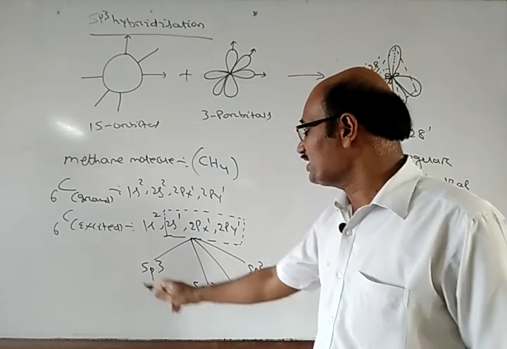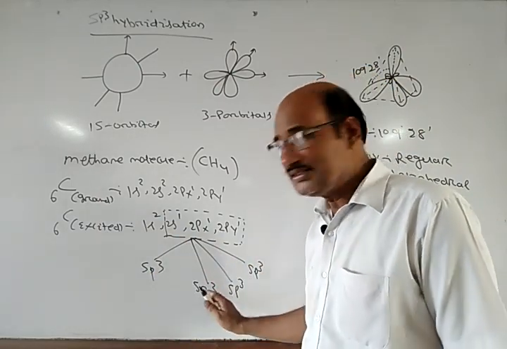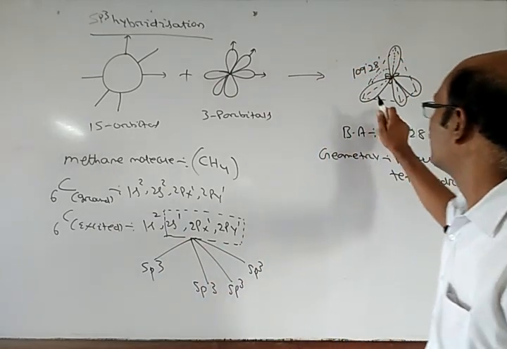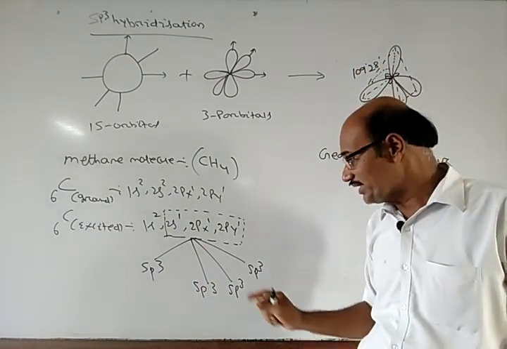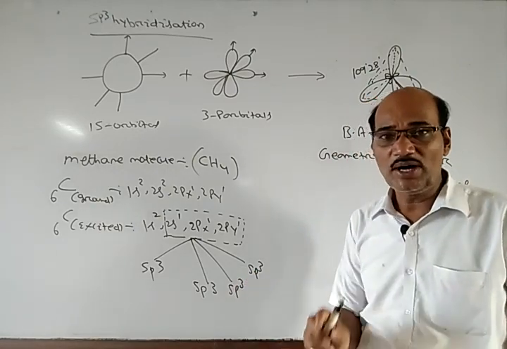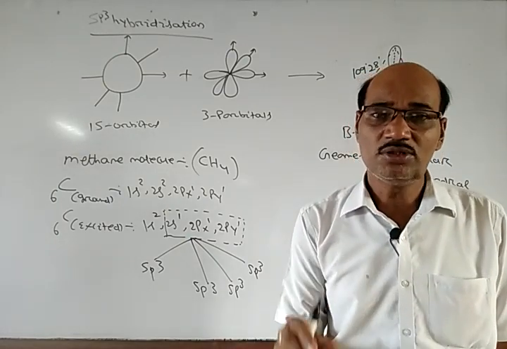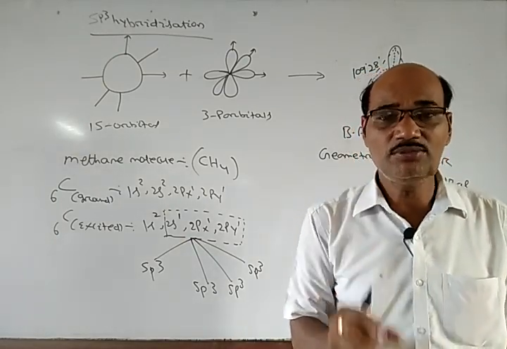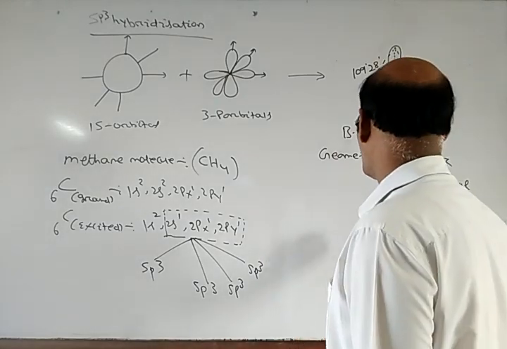So these four sp3 hybrid orbitals are arranged in space in a regular tetrahedral manner. Now each sp3 hybrid orbital forms one sigma bond with the s orbital of a hydrogen atom to form the methane molecule. Okay, let's see.